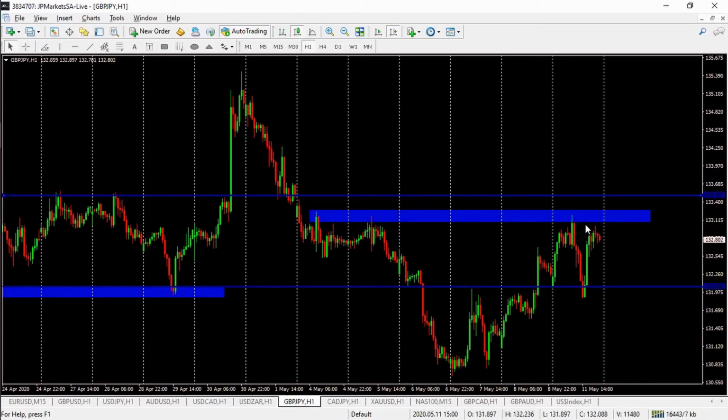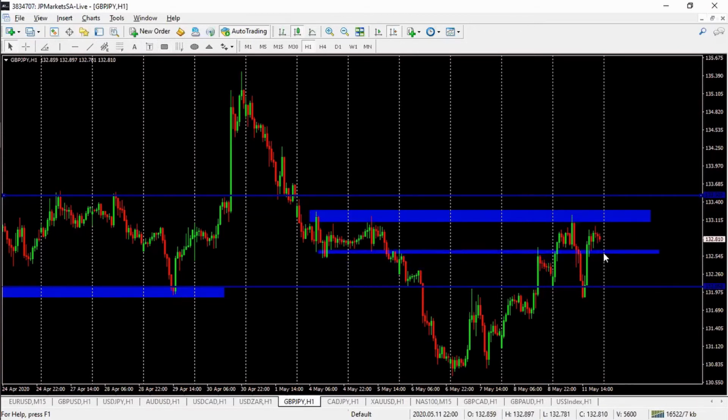As you can see, this was an aggressive up movement, but it was a few pips shy of this level, and it's already showing that it's making a pullback, which I think will be into this level here.